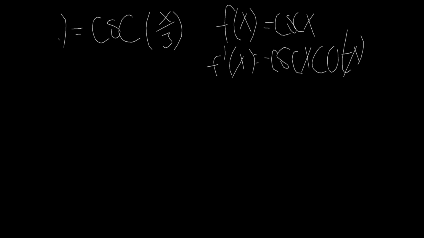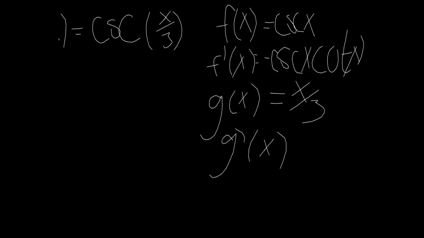And we see what we're plugging into f of x. What we're plugging in here is going to be x over 3. And we know that the derivative of x over 3, which is just a coefficient and no exponent, is simply going to be 1 over 3.